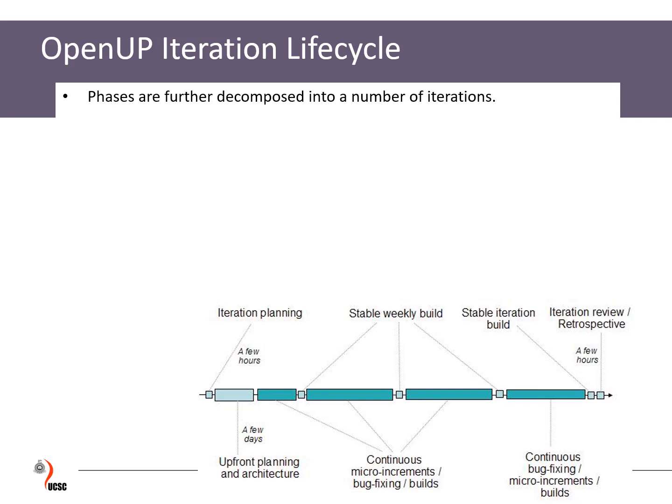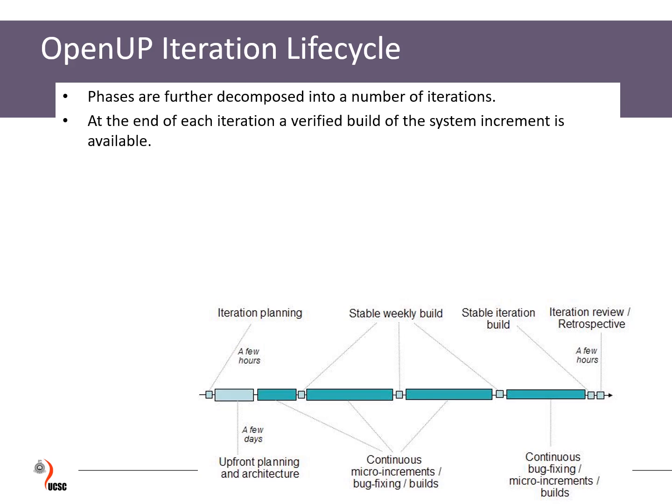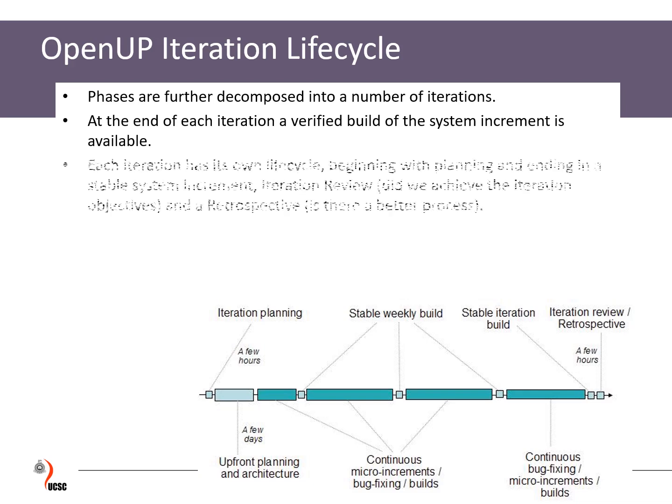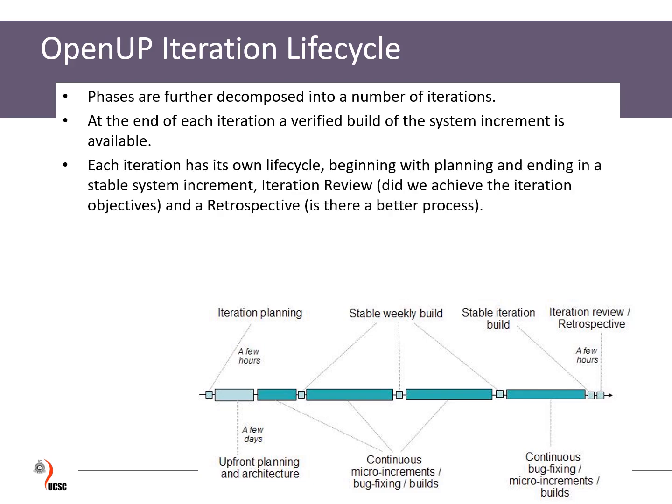Phases are further decomposed into a number of iterations. The picture you saw earlier was the big picture, but the team working on it wants a verified build of the system increment available at each iteration.